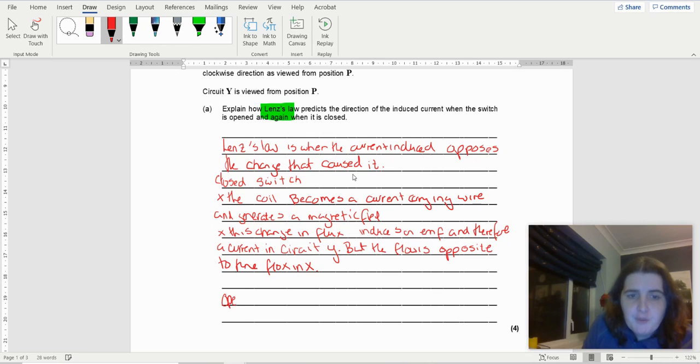When you open the switch here, the change in flux, instead of increasing, is decreasing, so it is in the opposite direction.